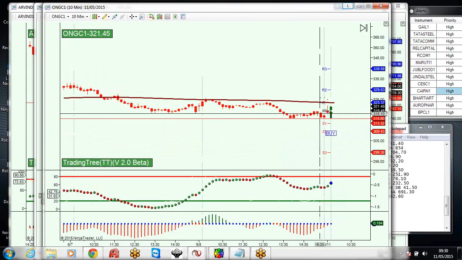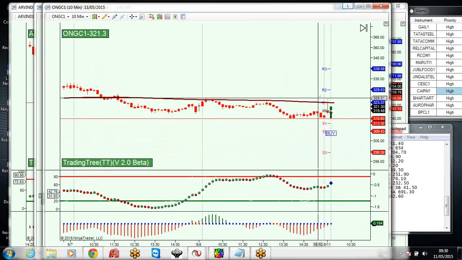So let's wait till it crosses over this brown line. That will be a price of 325.70. We can buy ONGC 325.70.